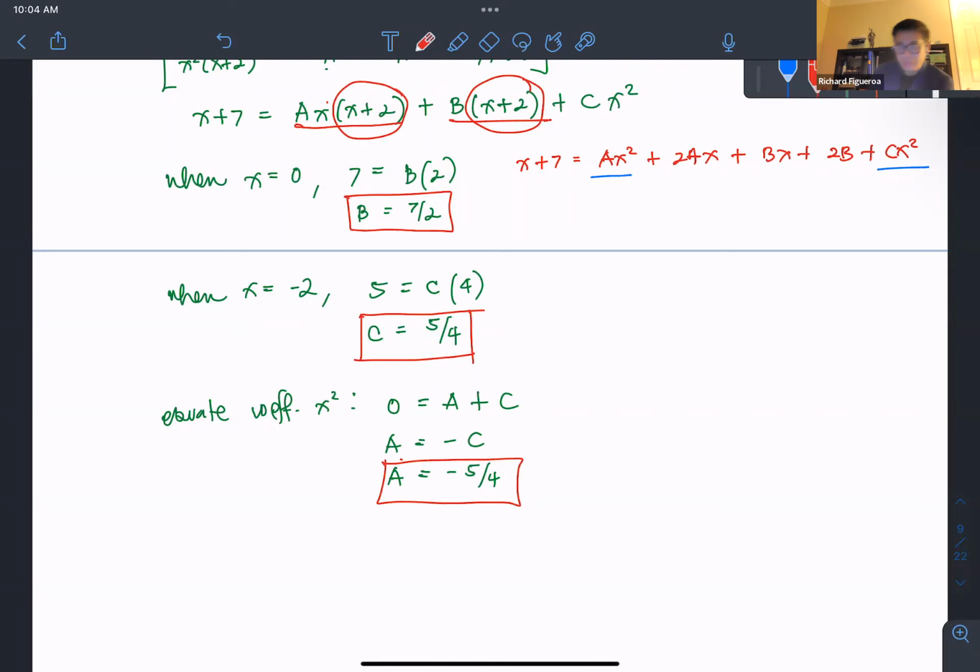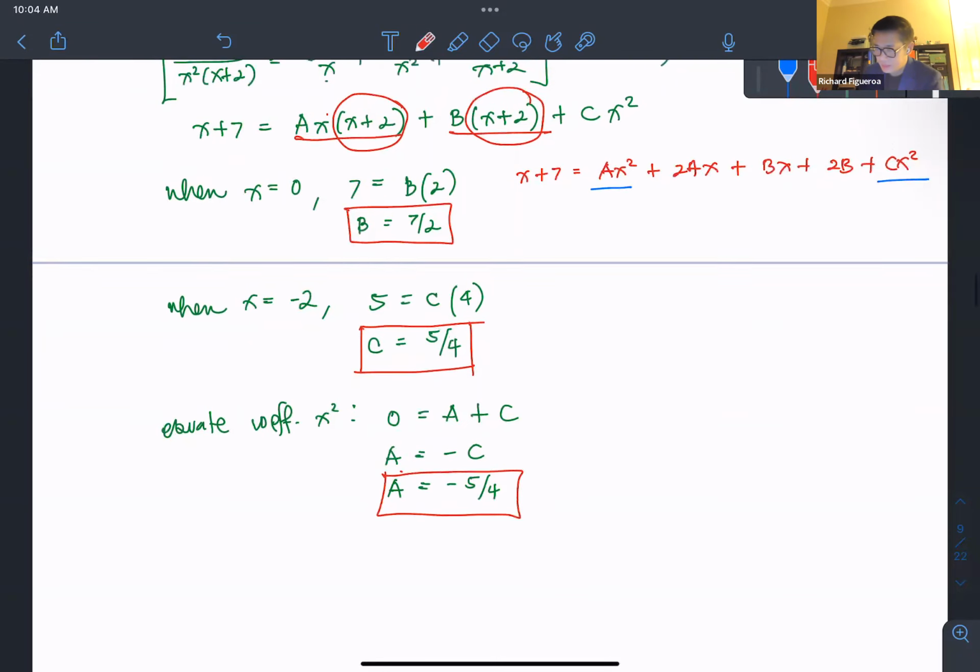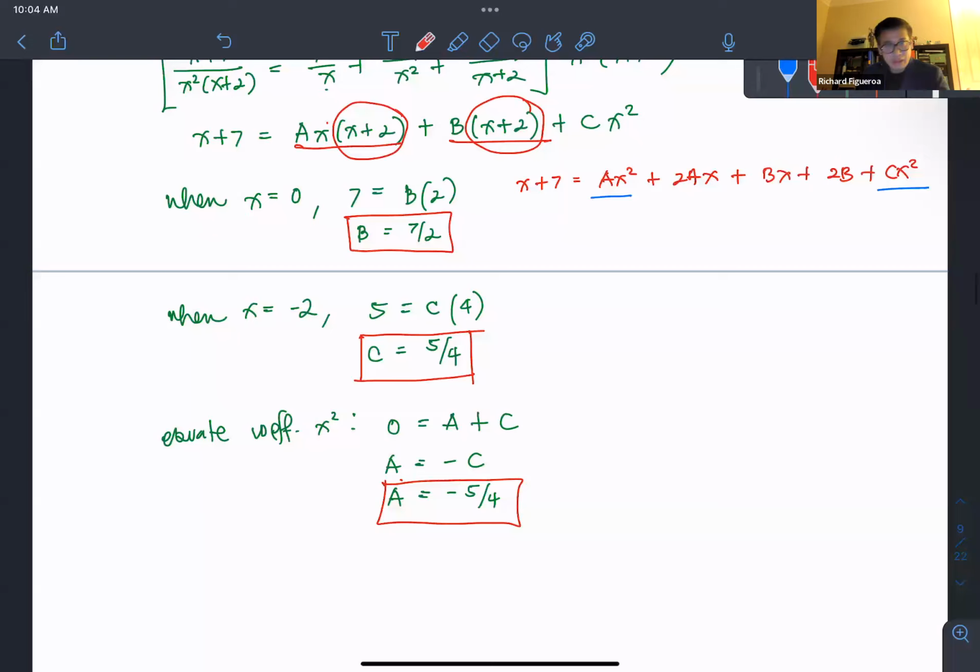So we now have the three values for A, B, and C. So in this case, it's a combination. Okay, so you don't have a choice but to use elimination or the equating of coefficients or through substitution.